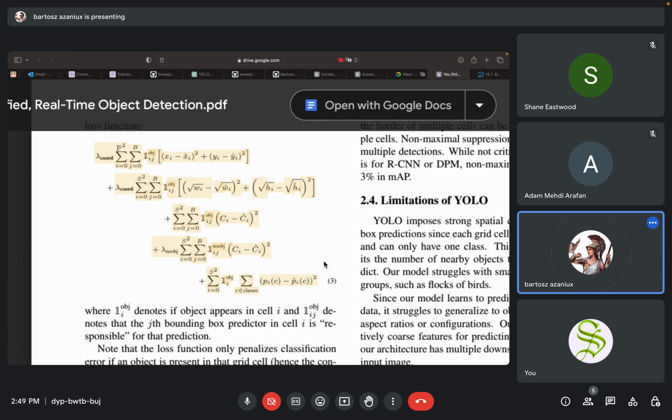So you might have 20 objects, in which case the bounding boxes for 20 different grid cells will be punished. But if you only have one object, then you only adjust the gradient with respect to one grid.